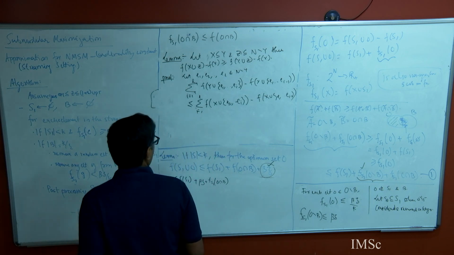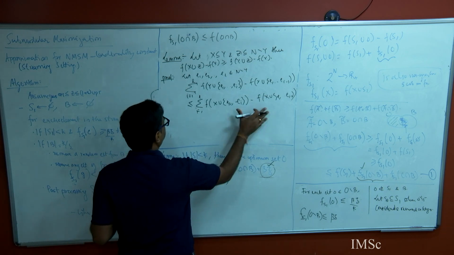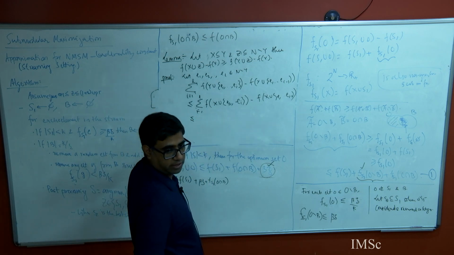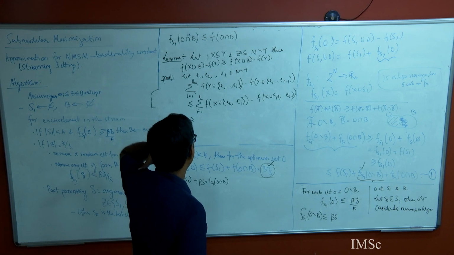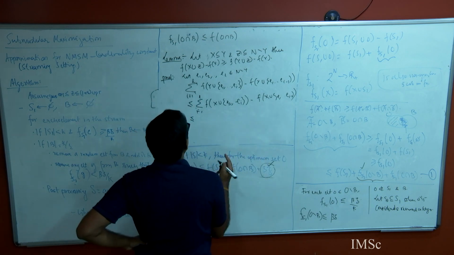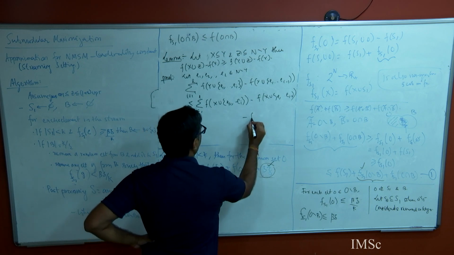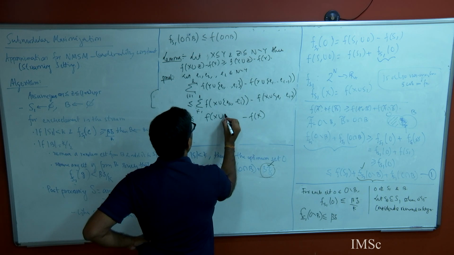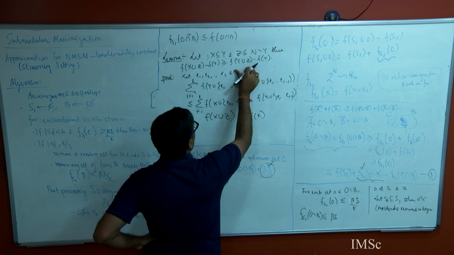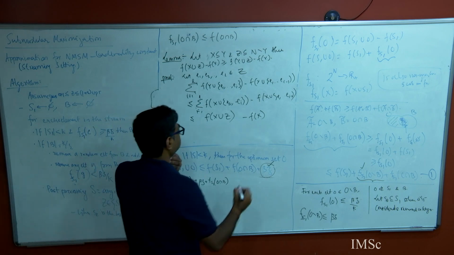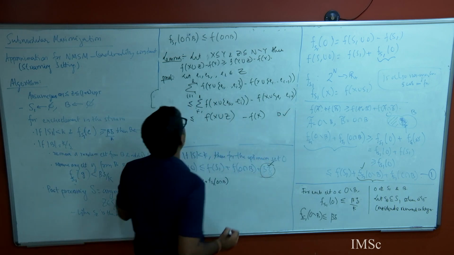Now, what is this less than or equal to? Now all the intermediate terms will get cancelled. What will be left? The first term, which is minus f of X, and the last term, which is f of X union Z. This is Z. Okay, excellent.